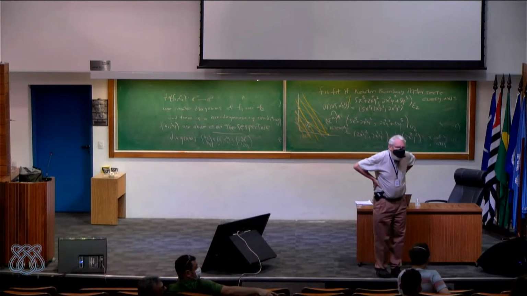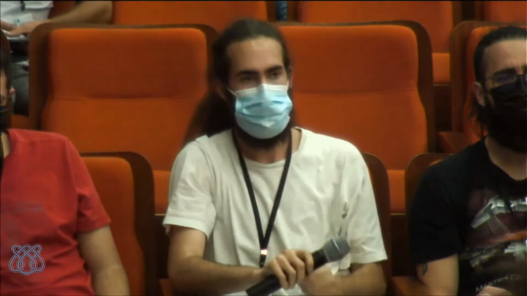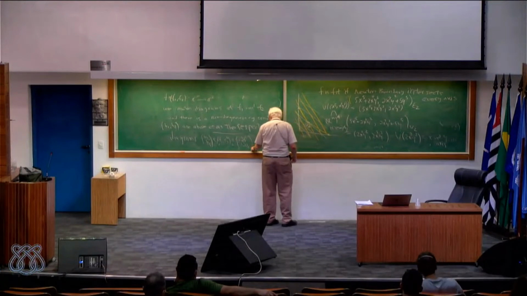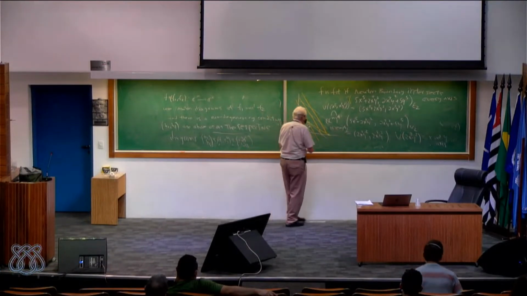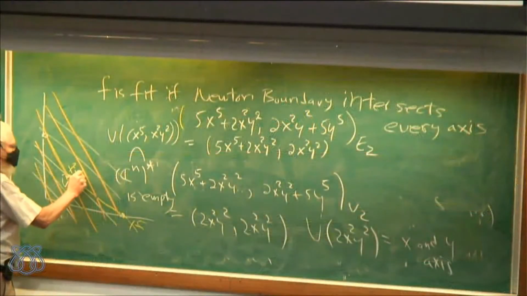Could you repeat in that ideal, the one with the V2? What are you doing there? Oh, V2? Yeah. Right. So V2 is a segment that goes from the monomial, the point representing the monomial x to the fifth, to the monomial representing x squared y squared.